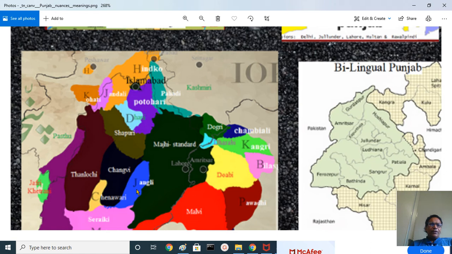This is the Jang area where the river Chenab, that's the important river, gathers on its right hand side the river Jhelum, and on the left hand side the river Ravi. There is a district that overlaps this region called Jang district.